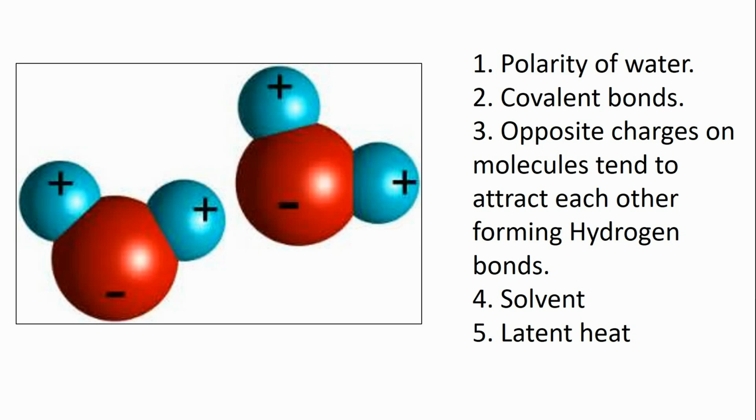So the bonds that connect the hydrogen and the oxygen are called covalent bonds. So the bonds between the hydrogen and the oxygen are covalent bonds. And remember, covalent means they're sharing.